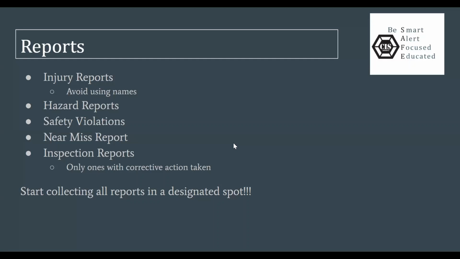Now this can get a bit tricky because that's where you include other safety captains. Other safety captains might have very different ideas about where to store these things. So you're going to want to make sure that you find as many as possible.